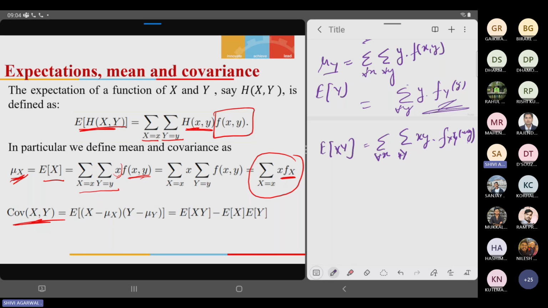So covariance is the expectation of (x minus mu x)(y minus mu y), and that we can find out by the direct formula: expected value of xy minus expected value of x times expected value of y. Okay, any query till now?